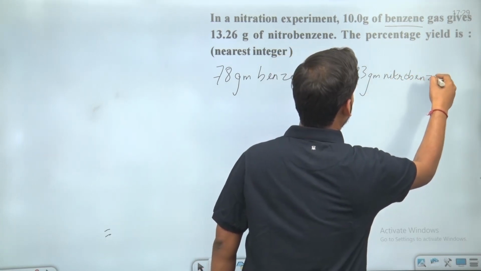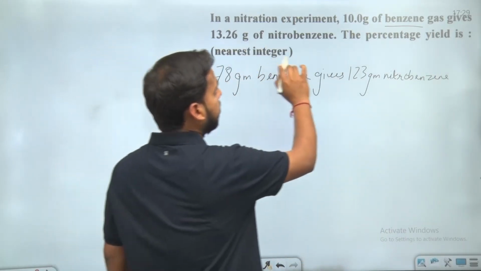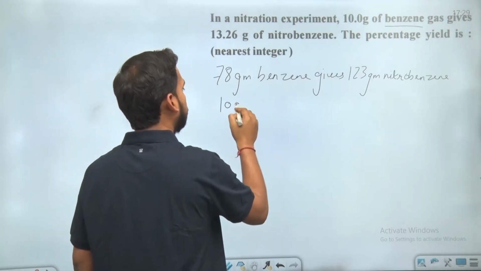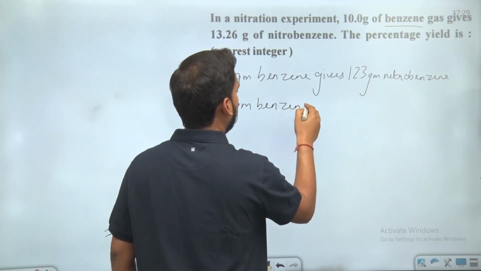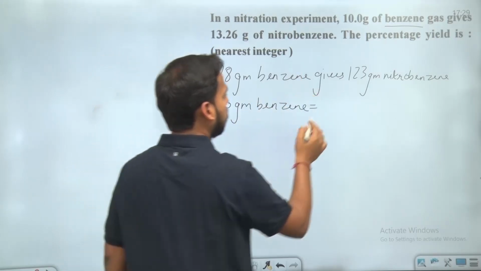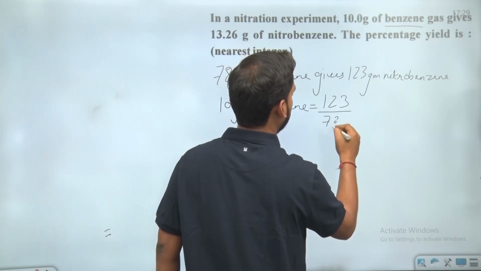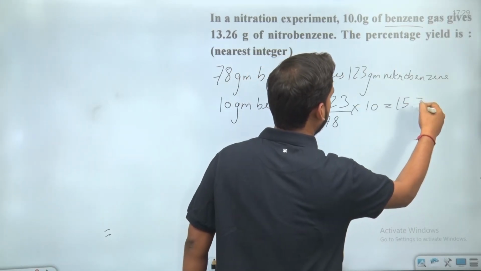For 10 grams of benzene, it will be 123 divided by 78 into 10, which comes out to be 15.77 grams.